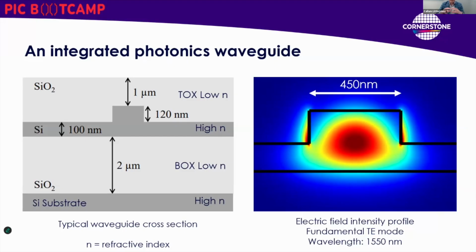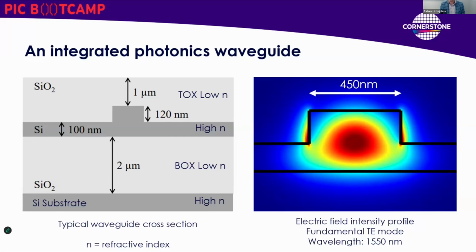So here we have a silicon layer. On the y-axis, it's sandwiched between two silicon dioxide layers. On the x-axis, we can see that we've created this geometry where the silicon layer has been partially etched, and that provides our confinement in the x-axis of what we're looking at here.